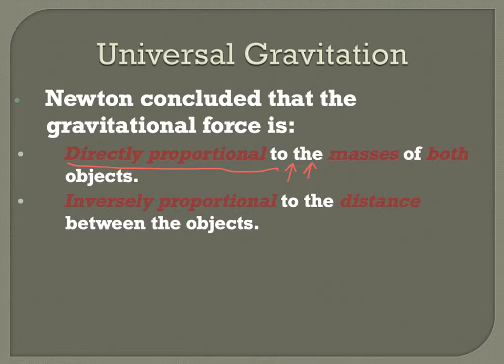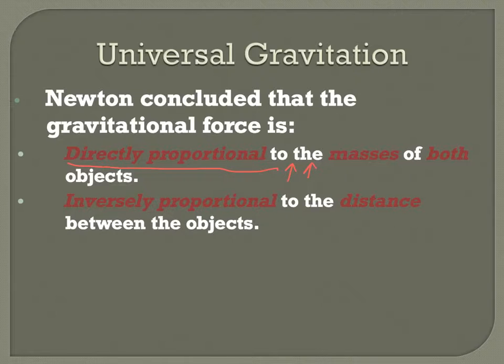So if the mass of either object goes up, then the gravitational force between the two objects will go up. If it's between Earth and me, and I get bigger, then the gravitational force will get a little bit bigger. When it's something as small as a human, it's almost impossible to detect. It's very, very small, but it will go up.